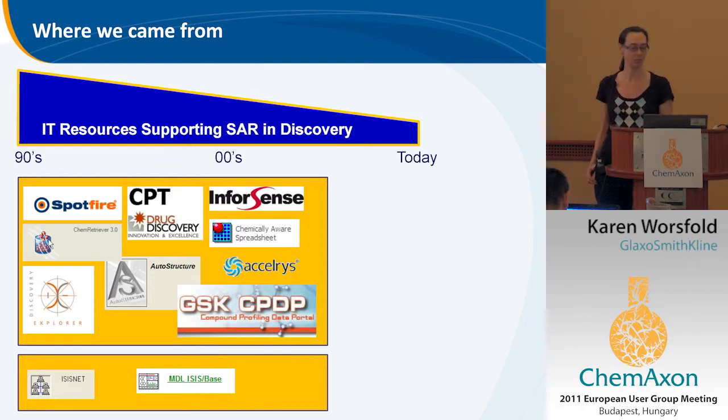So this yellow box indicates quite a few of the applications that we had on the Discovery Research scientist desktop, some of which obviously are commercial, so you'll recognise Spotfire and Infosense. Others are developed in-house, but with, for example, Chemically OS spreadsheet was built on the Accord grid. And then we had some other completely bespoke applications like Discovery Explorer, which was our front end onto our biological data.